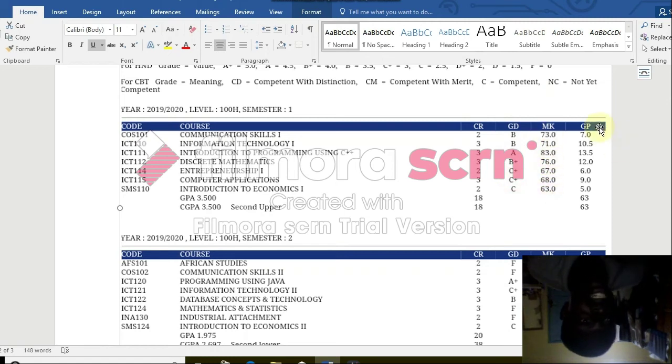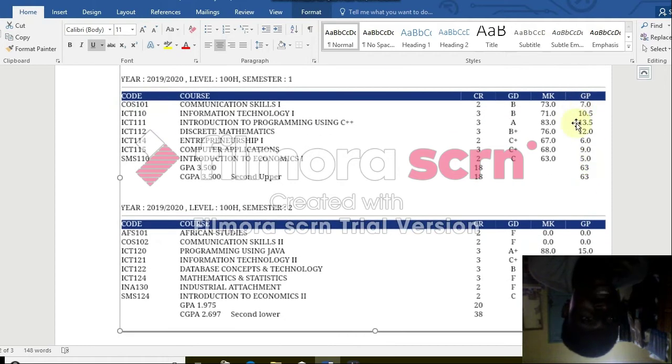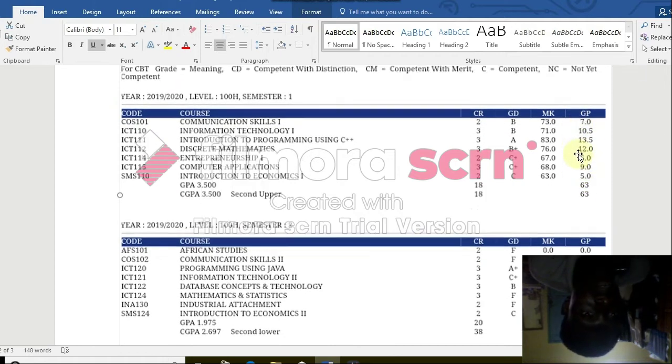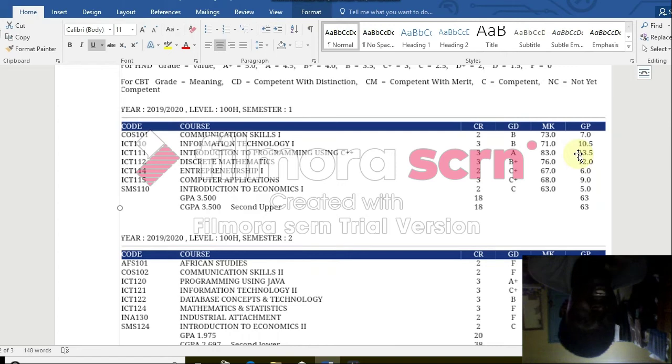Now let's look at the GP, which is the grade point. I will explain it further over here, how the grade point came about.